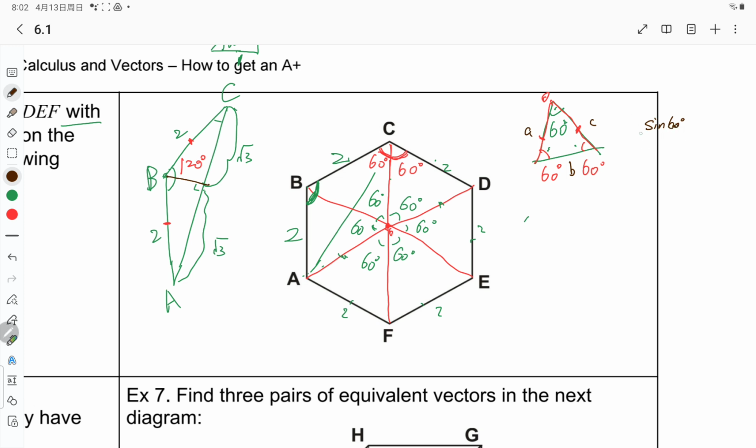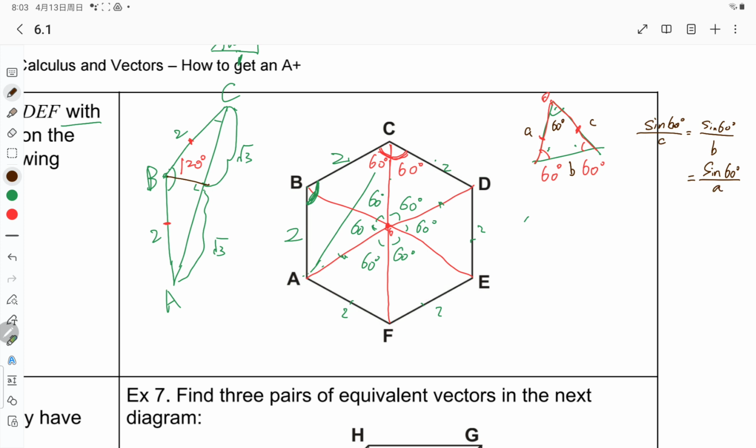So sine 60 over c is equal to sine 60 over b, since the angle across from b is also 60 degrees, right? And the angle across from a is still 60, so sine 60 over a.